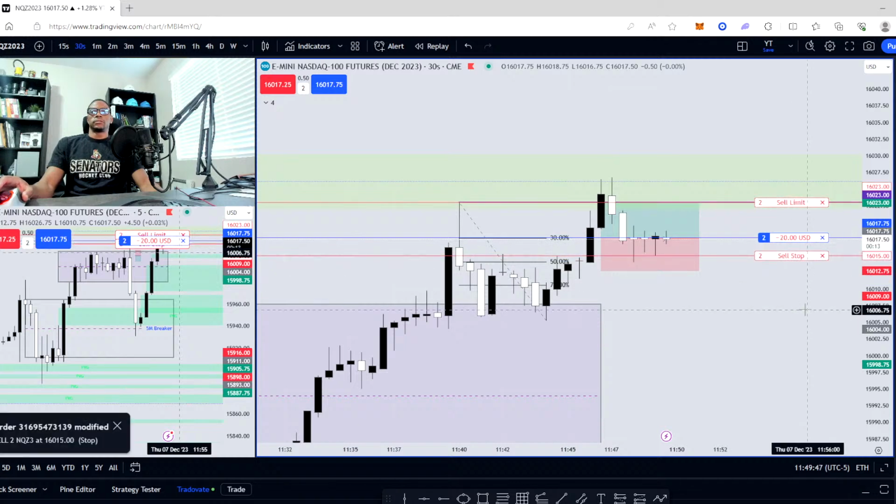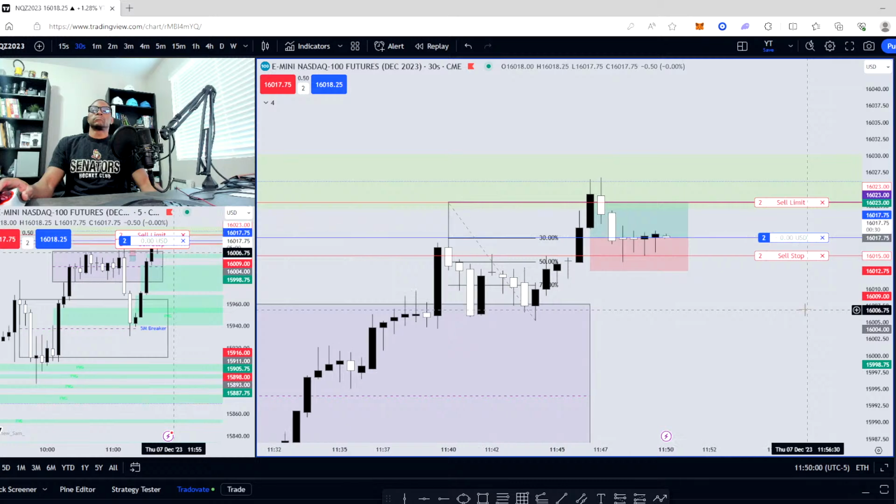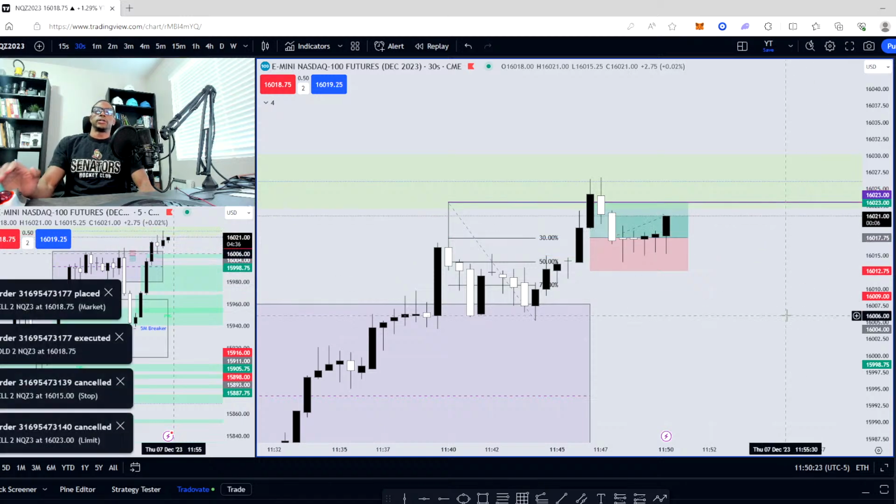Our stop loss down. This trade I'm not believing in right now, as price is not making any higher highs. Every candle is struggling to eclipse the previous high. Cancel that trade.